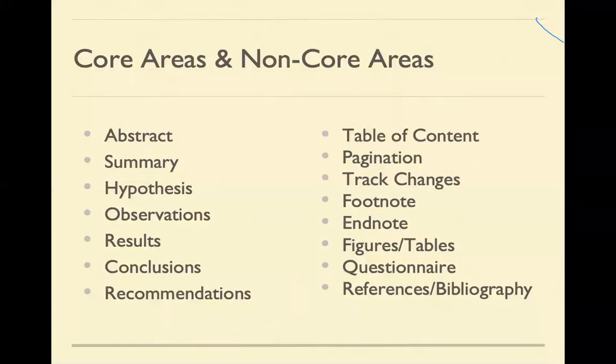So this slide, if you remember, I told you that these are the zero tolerance areas as per UGC regulation: abstract, summary, hypothesis, etc. But on the right hand side, I have given a few things which I call non-core areas, and you can use technology for these.